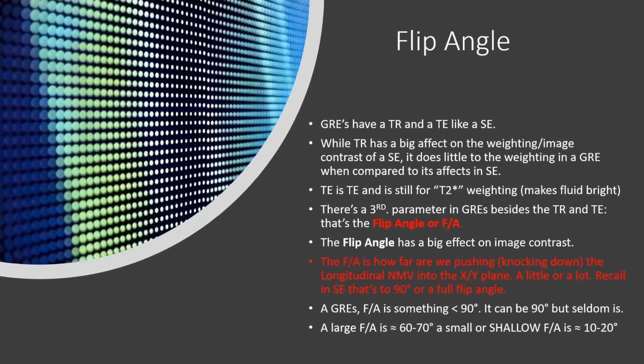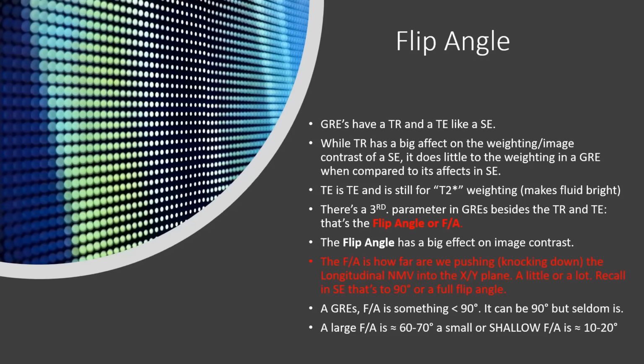Are we knocking it down a little, or are we knocking it down a lot? Another thing that the registry likes to use for flip angle is they'll call it the nutation angle. Nutation. That's nothing more than the flip angle. Again, you've got to know your terminology, guys.